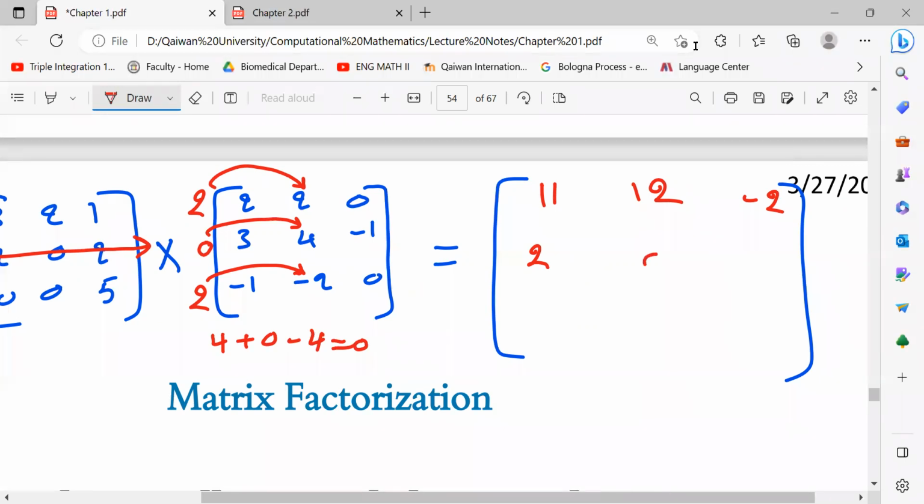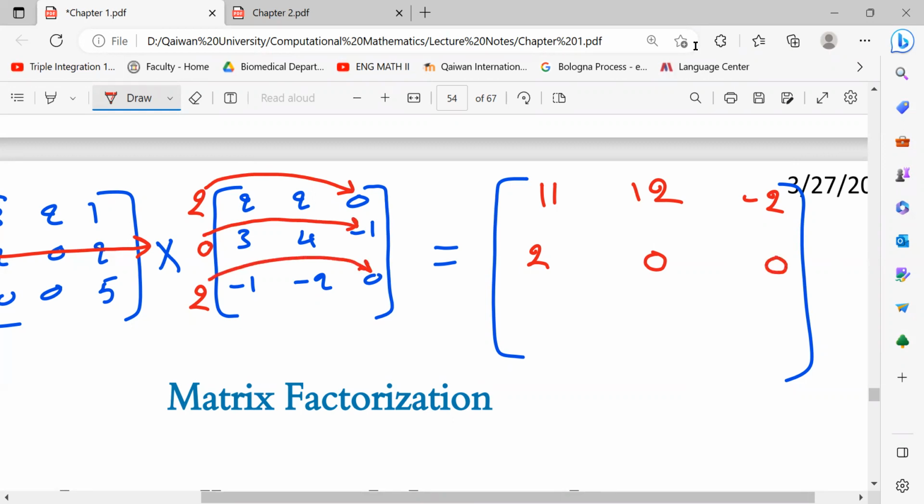This element is 0. Now, for the third column, 2 times 0 is 0. Plus 0 times -1 is still 0. Plus 2 times 0 is 0. And we get 0. Okay? This is for that element.